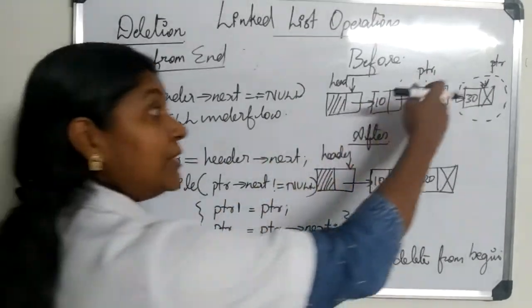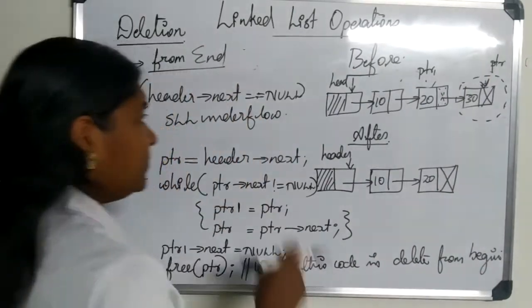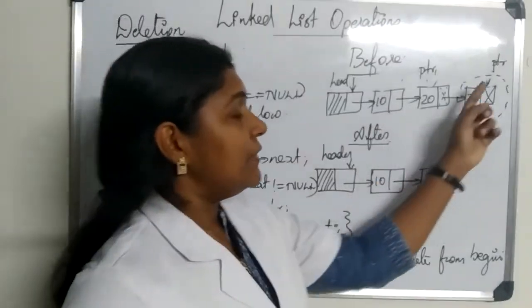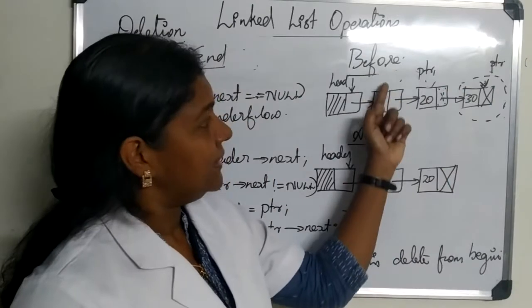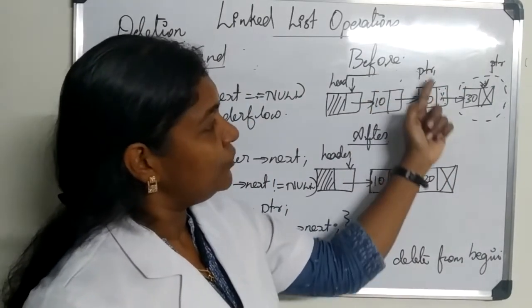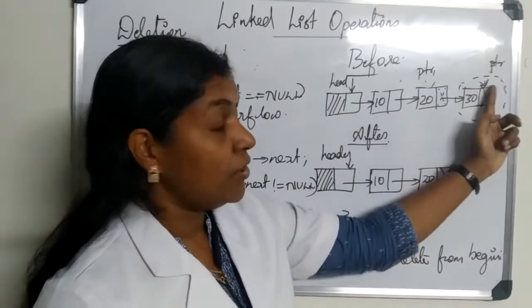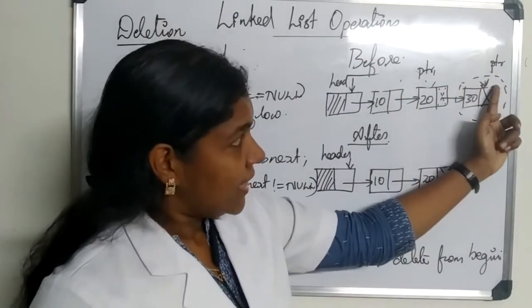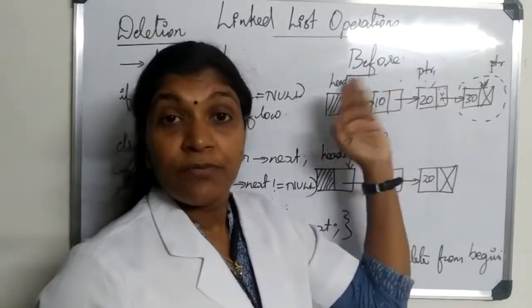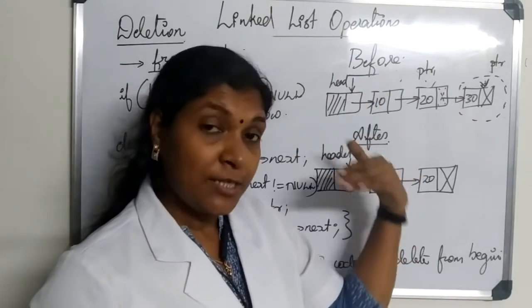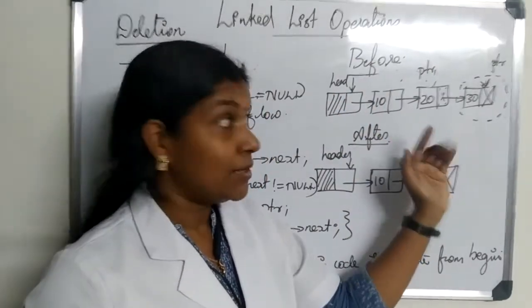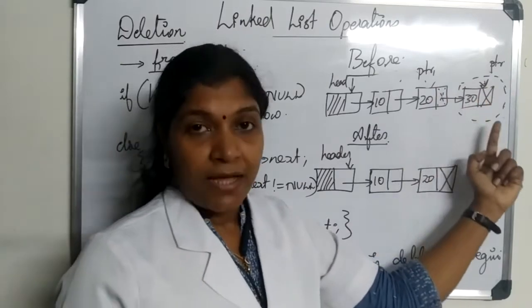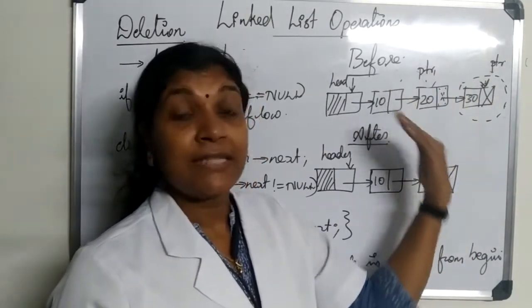Else means at least one node is present. In that, what we need to do? First, we need to make a pointer PTR point to the first node. Then we need to make it traverse till the end of the linked list, and we are making another pointer follow this PTR, so that when PTR reaches the last node, PTR1 would be at the second last node.